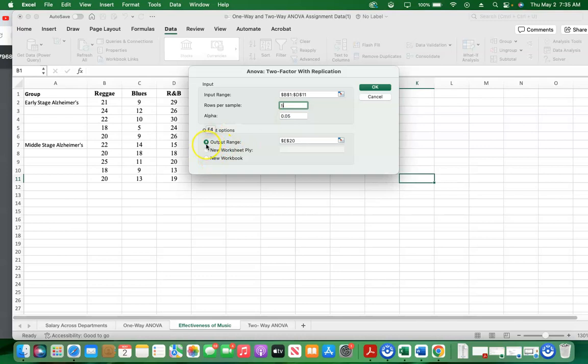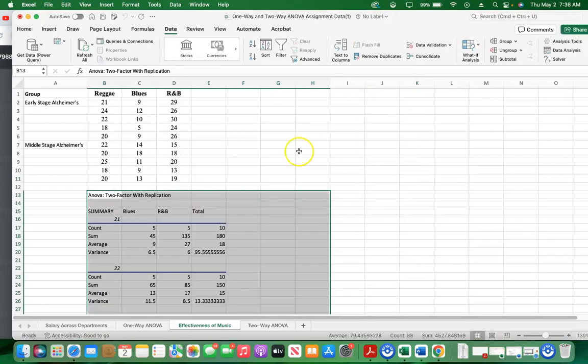And for our output range, I should click here and select wherever I want my output to be. You can select the new worksheet or the new workbook, but I prefer to have my outcome close to the data. I'm all set, so I'll click OK.